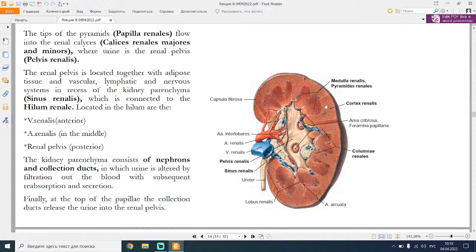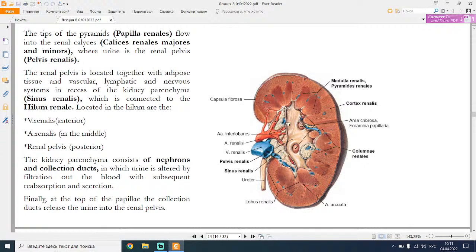The kidney parenchyma consists of nephrons and collecting duct, in which urine is altered by filtration of the blood with subsequent reabsorption and secretion. Finally, at the top of the papilla, the collecting duct releases the urine into the renal pelvis.